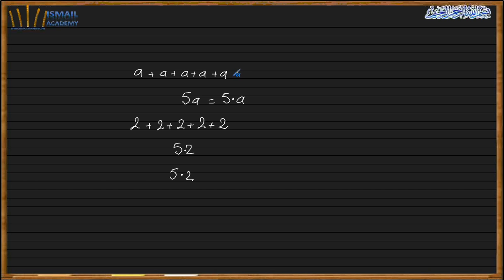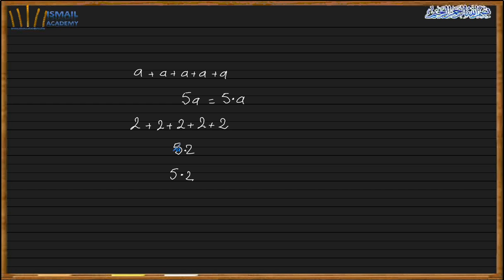So if you see it this way, you understand that multiplication is not as people think. In fact, multiplication is just an addition, or in other words, just a short notation of a long addition. So that's exactly what multiplication is.